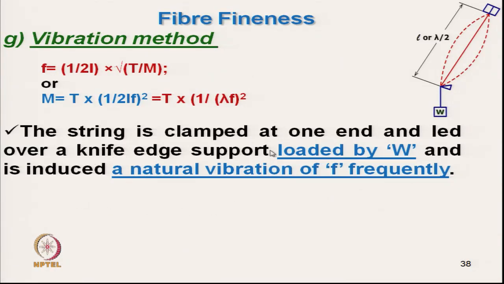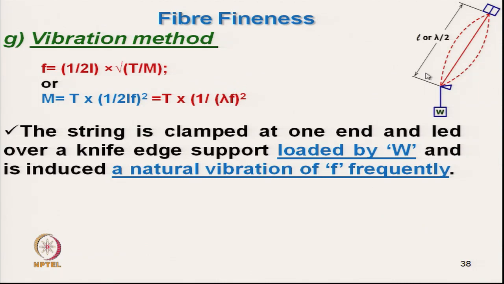The string is clamped at one end and laid over a knife edge support at the other end, a sharp knife edge, and a known mass W is hung, so the tension on the string will be Wg, and a natural vibration of frequency f is induced.